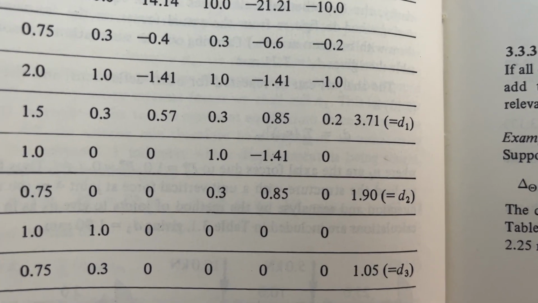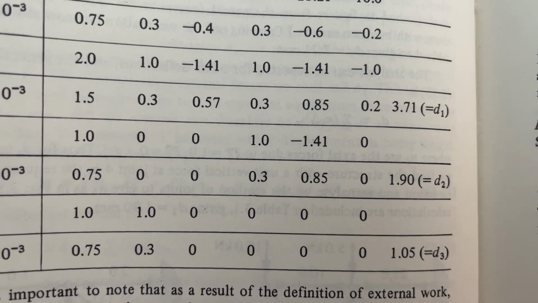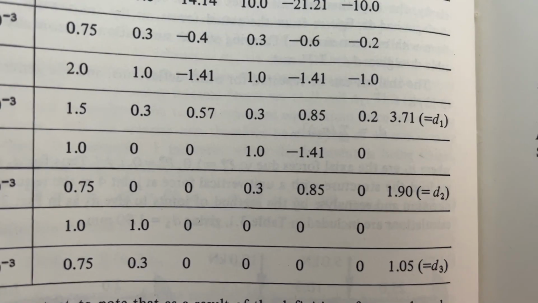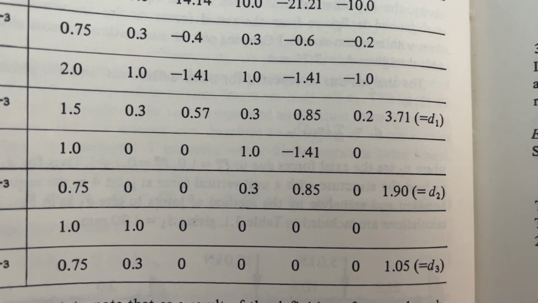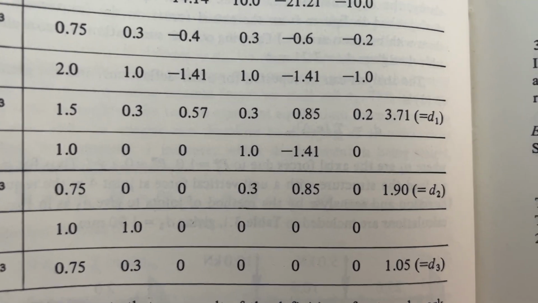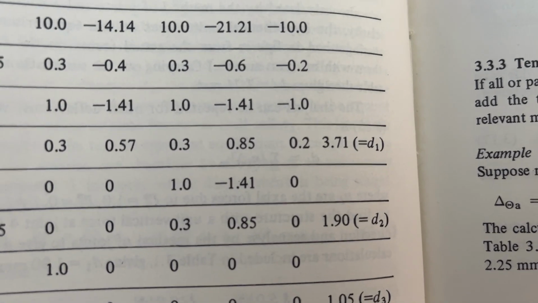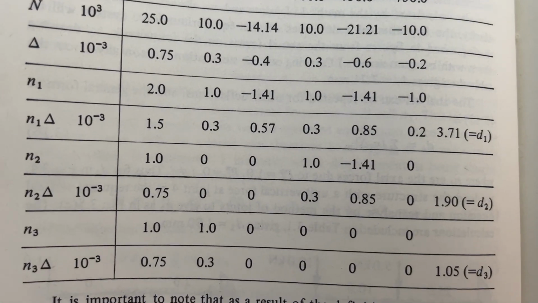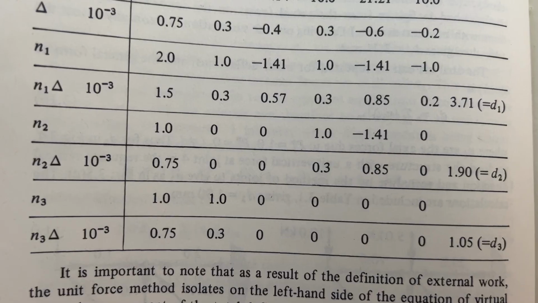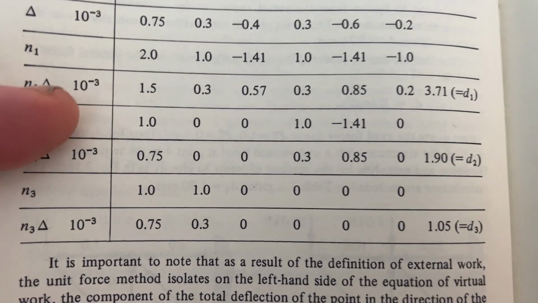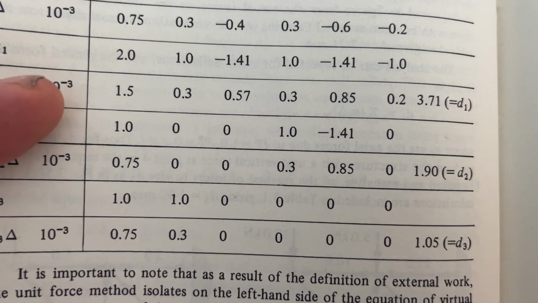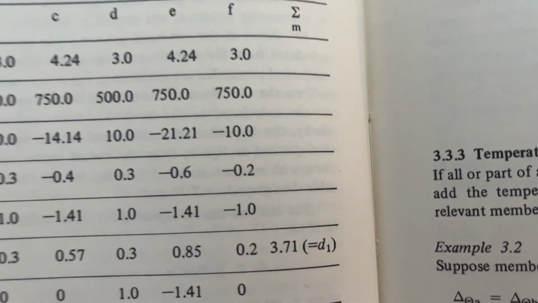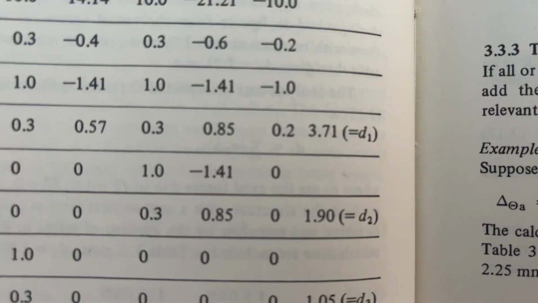Plus 0.2 plus 0.57, because 0.2 plus 0.57 is 0.77. That takes it up to 3.7 millimeters. He's put that as meters, but he's put 10 to the power of 3 there. So the sum is meters times 10 to the power of 3, so that's millimeters then.